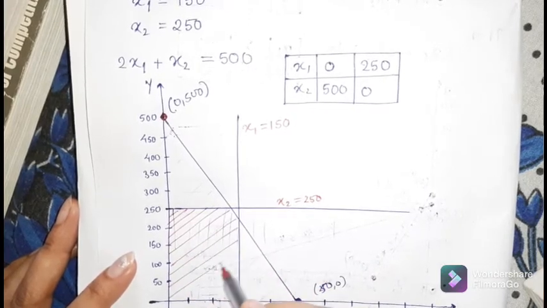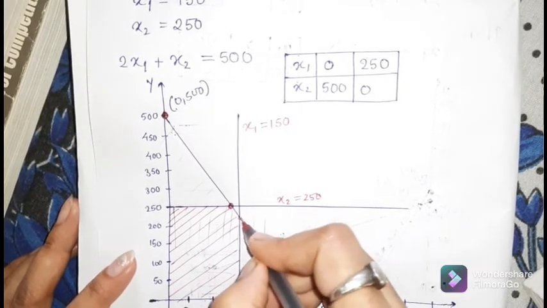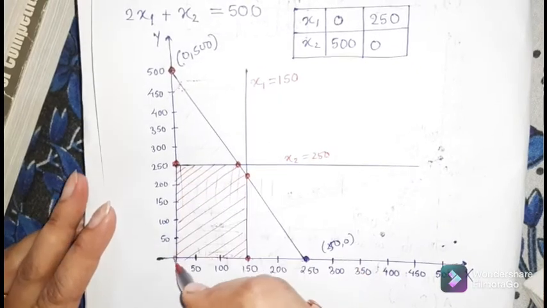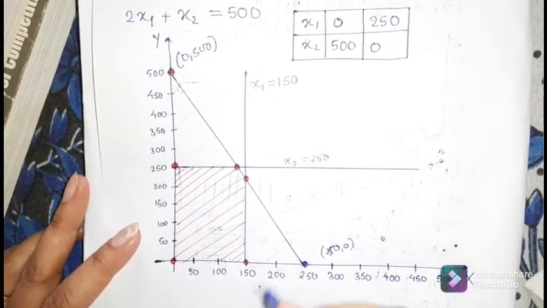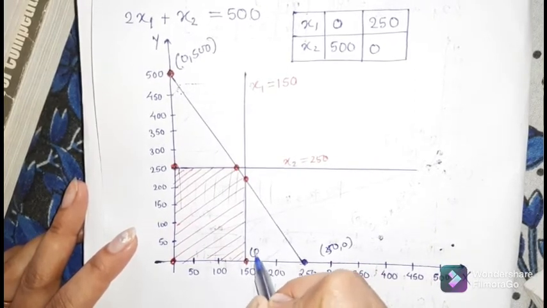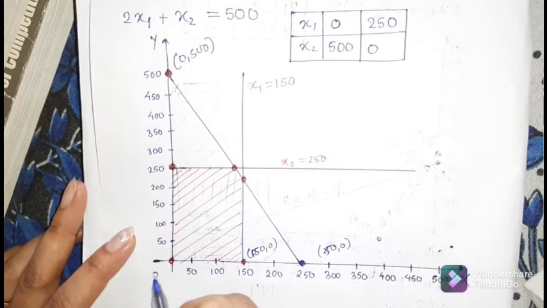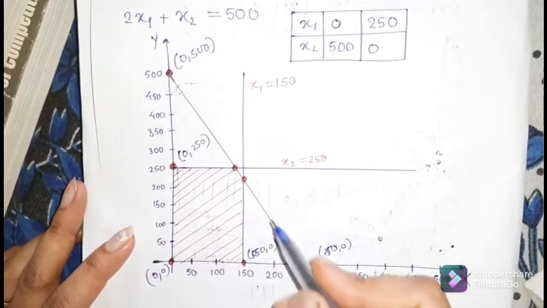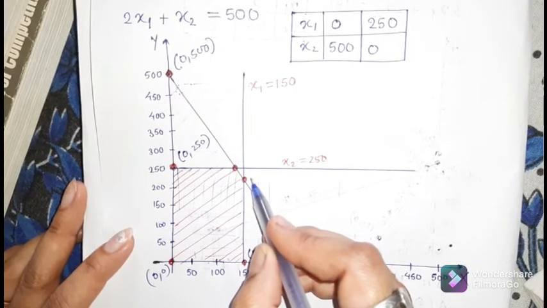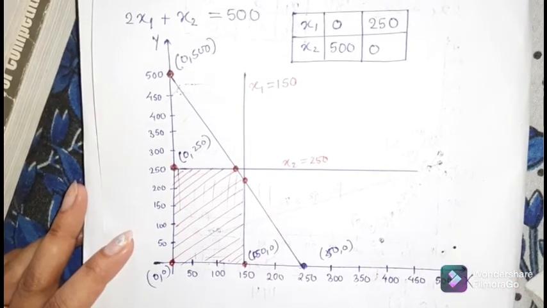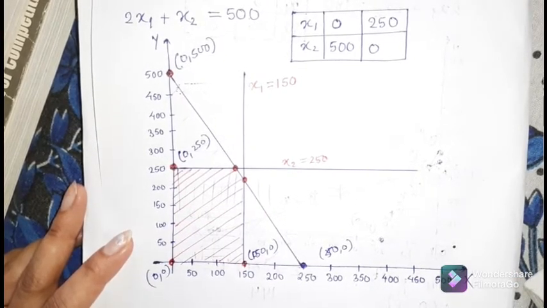This is the feasible region, and these are the corner points. The points are: this is 150, 0, this is 0, 0, this is 0, 250, and this one is near about 150 and 200.